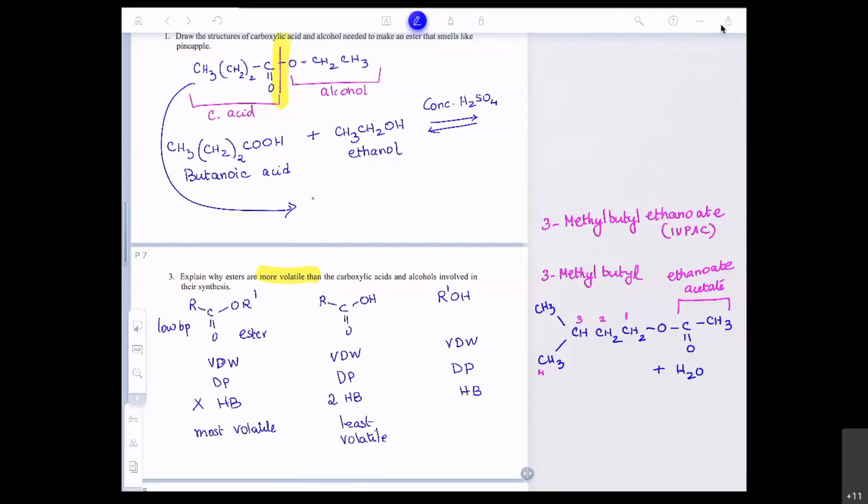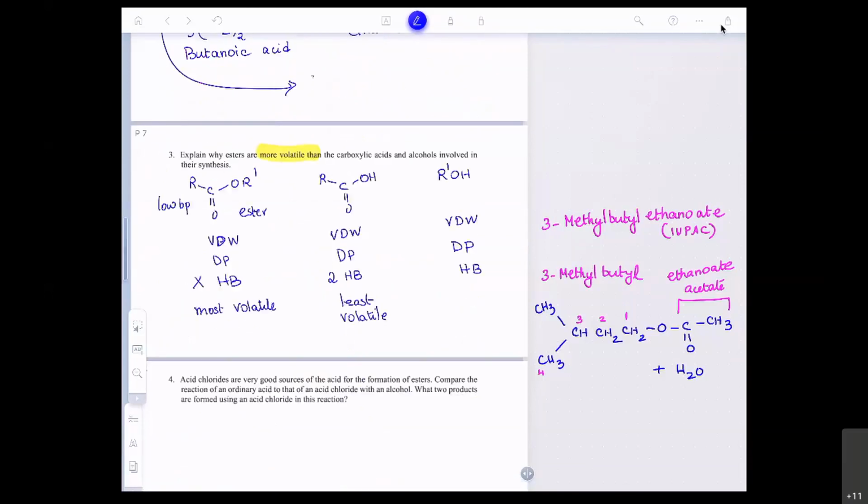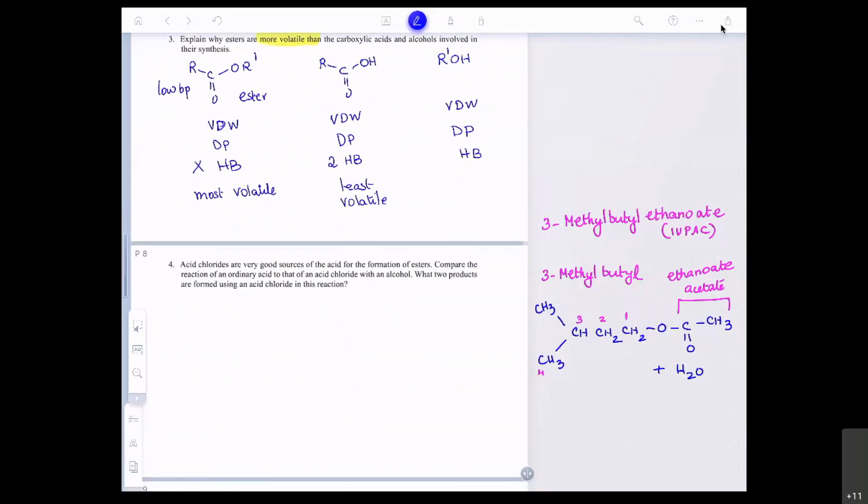Yes, you can put it in a bottle, but as soon as something touches your skin or your nasal membranes, the body temperature is enough to volatilize it. But your explanation, when you talk about boiling points, melting points, water solubility, or any kind of solubility, volatility, surface tension, all of that has to come from intermolecular forces.